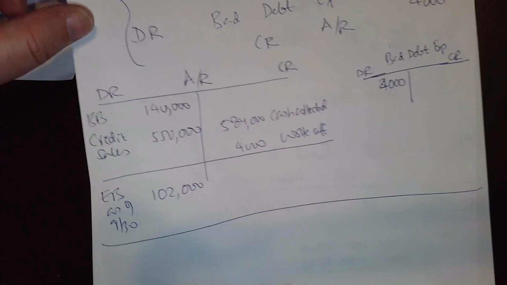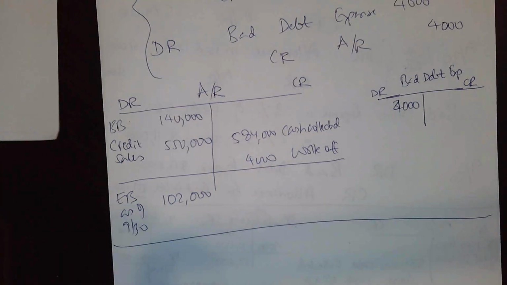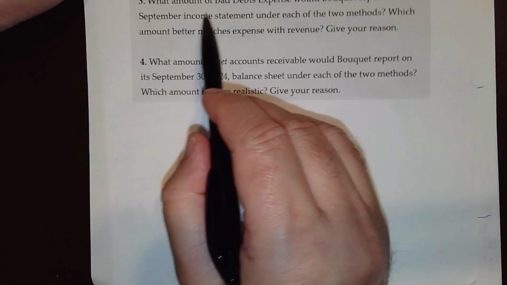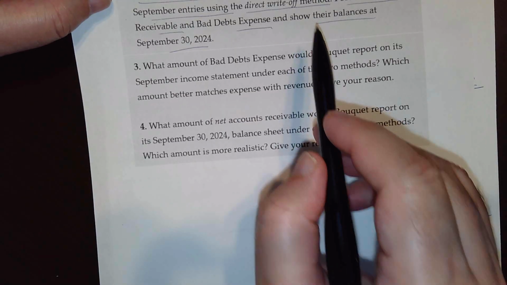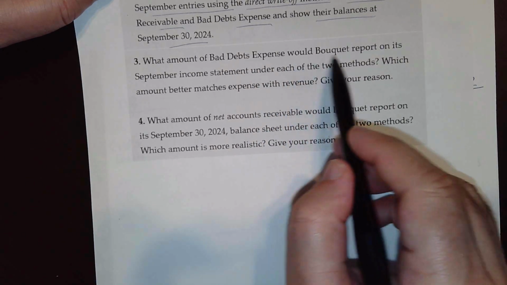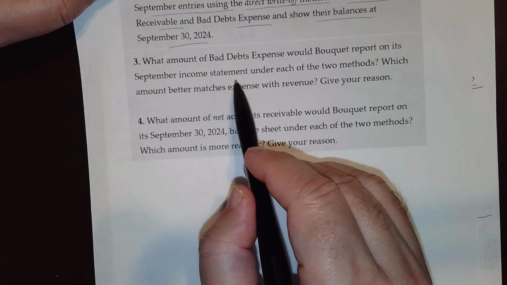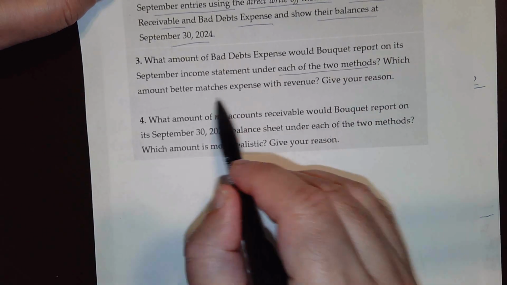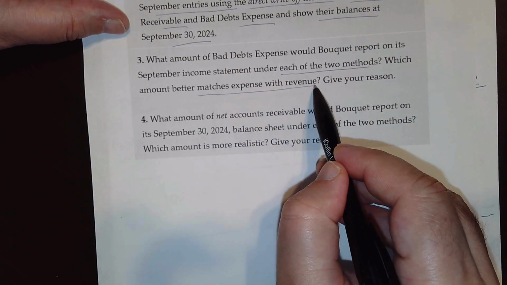Okay, let's see what requirement number 3 is for this question. Requirement 3 asks: what amount of bad debt expense would Bouquet report on its September income statement under each of the two methods? Which amount better matches the expense with revenue?